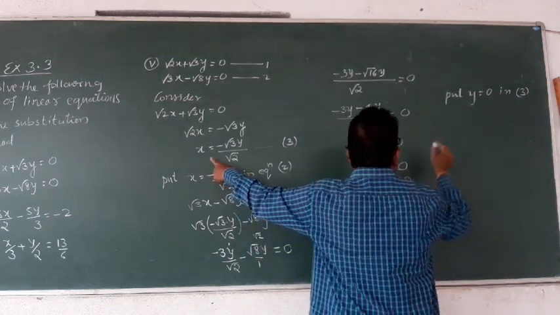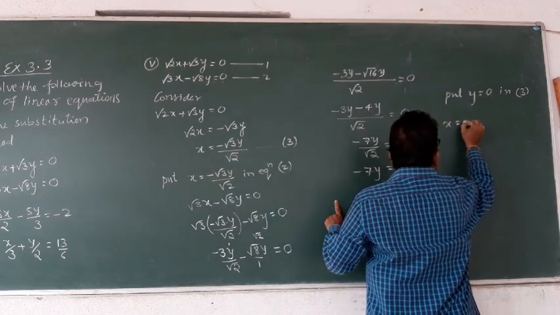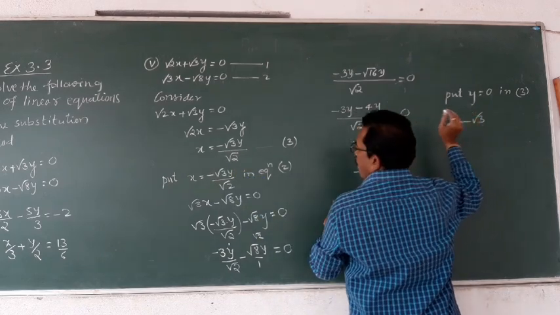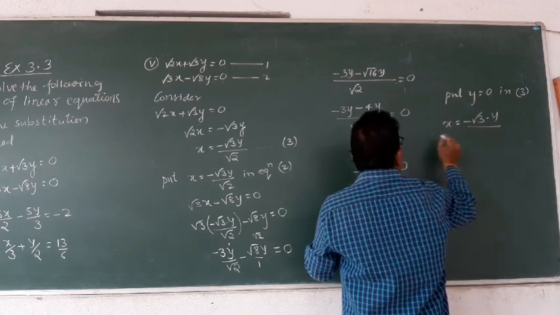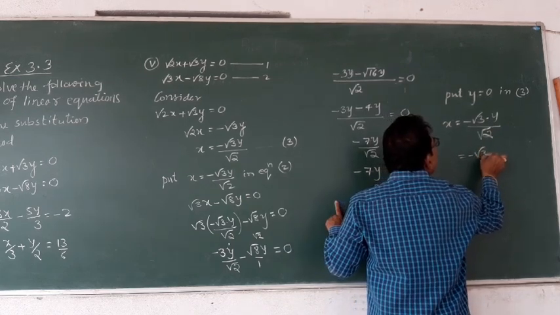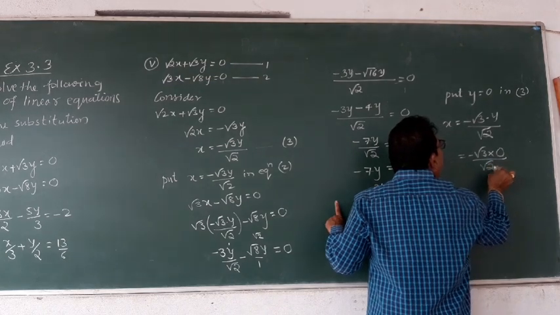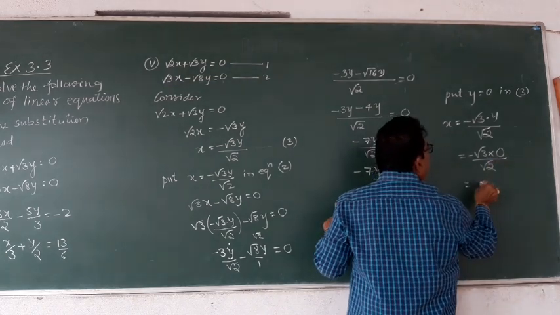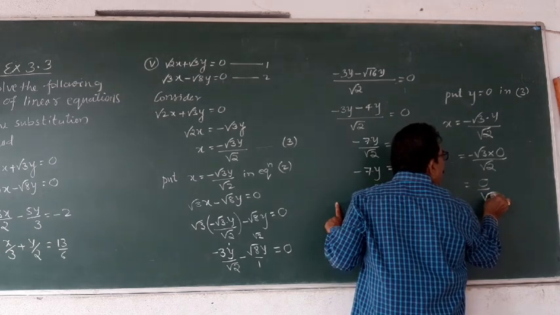Which one is the third? x equals minus root 3 into y divided by root 2, that is minus root 3 into 0 divided by root 2. Anything multiplied by 0 is 0, and 0 divided by root 2 is 0.